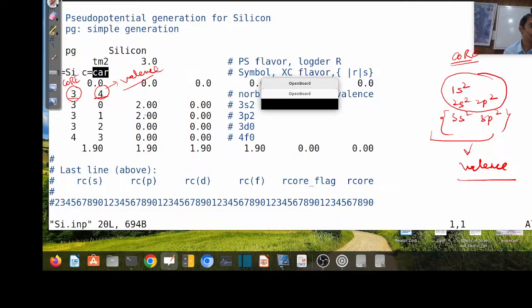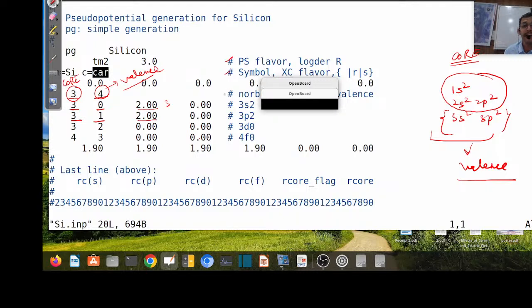And follow the order. So it is 3, the principal quantum number, and then the value of L. So it is 3s2. The default value is 0 everywhere. Then 3p2, it was written also in here.